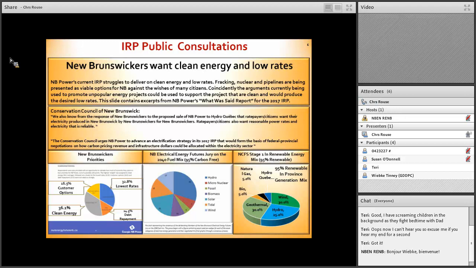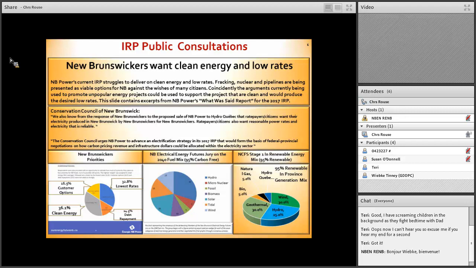NB Power's current IRP struggles to deliver on clean energy and low rates. Fracking, nuclear, pipelines are all being presented as viable options for NB against the wishes of many citizens. Coincidentally, the arguments currently being used to promote these unpopular energy projects could be used to support projects that are clean and would produce the desired low rates.